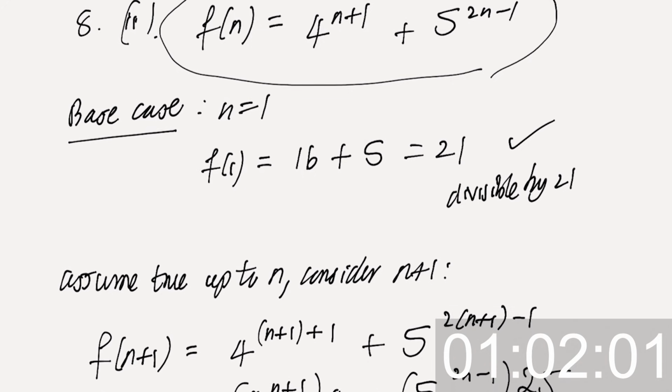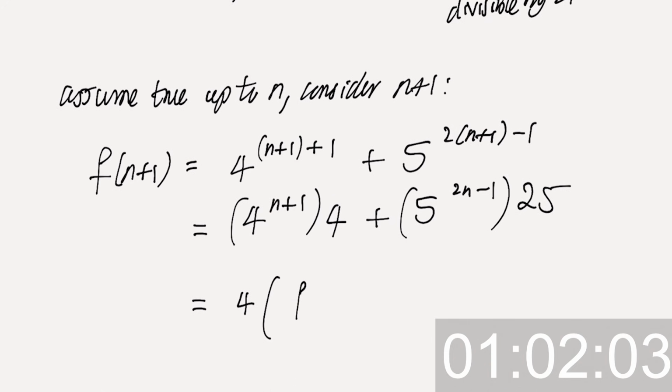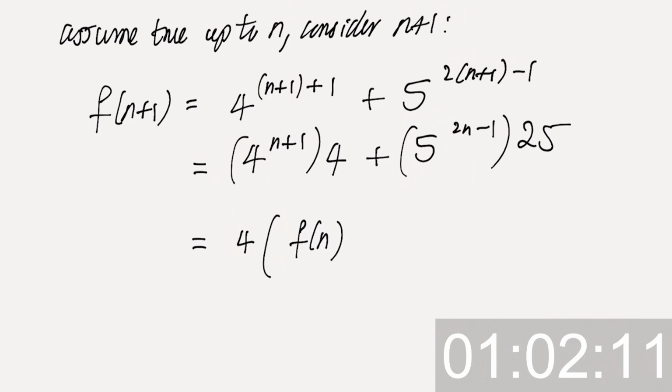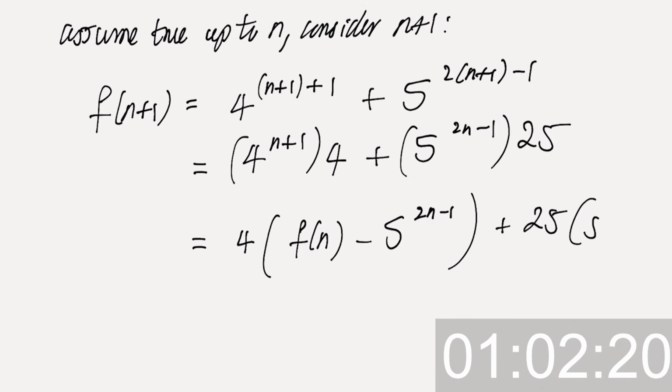So that now is 4 lots of f of n, which we know is divisible by 21 by the inductive hypothesis. So that's f of n minus 5 to the 2n minus 1. And then we've got plus 25 lots of 5 to the 2n minus 1.